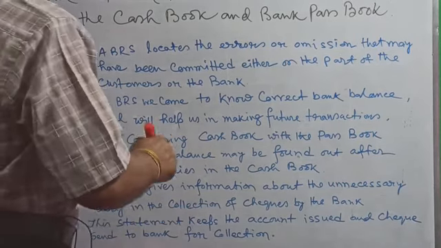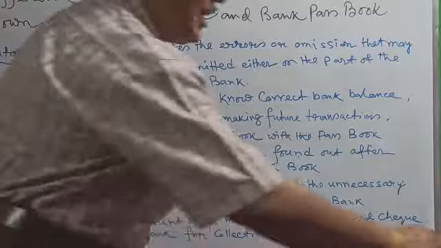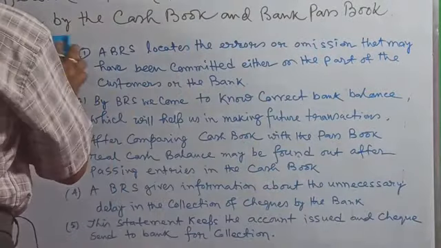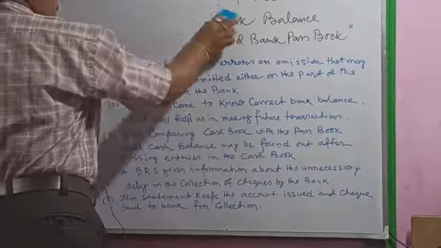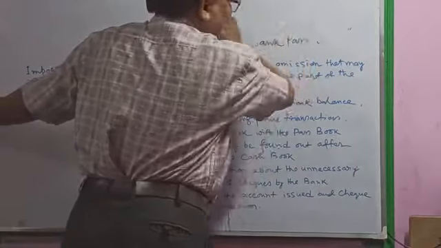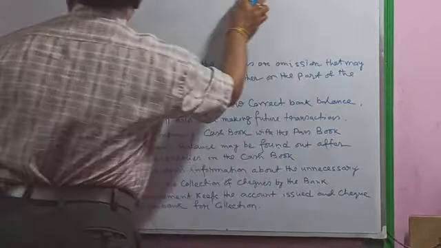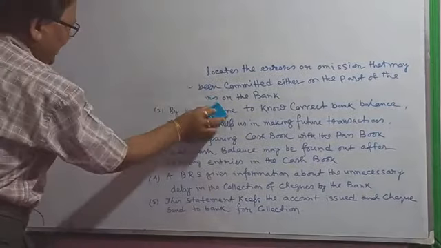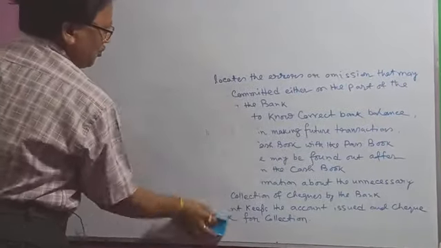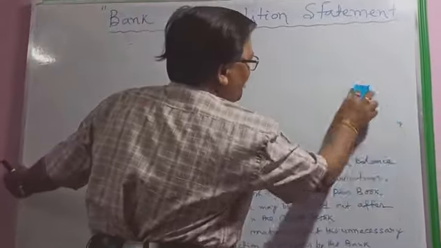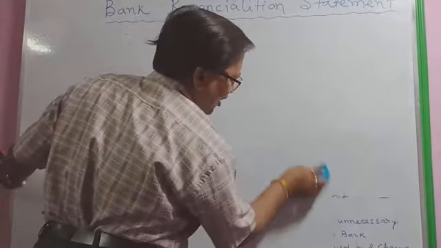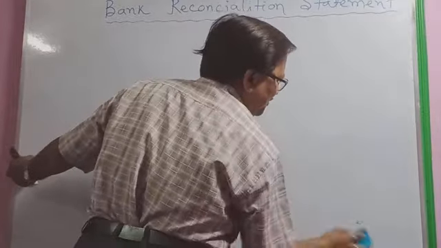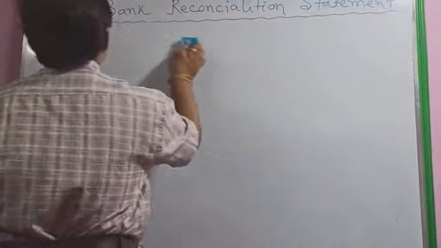Now, to prepare a BRS, some tips should be followed by the students. Two statements are always involved: one is the cash book and another is the passbook. The cash book is maintained by the firm, the owner, the cashier or any staff, but the passbook is maintained by the bank.